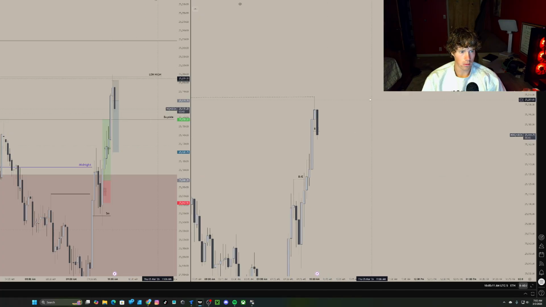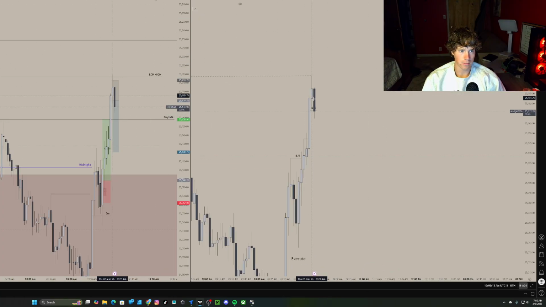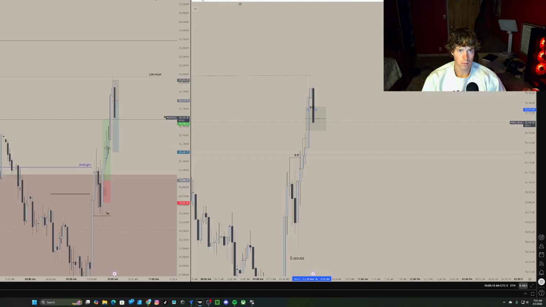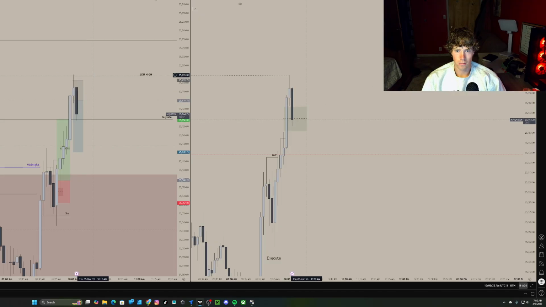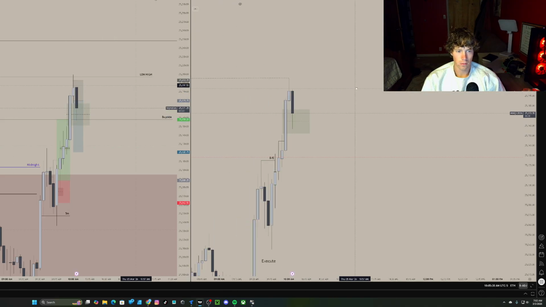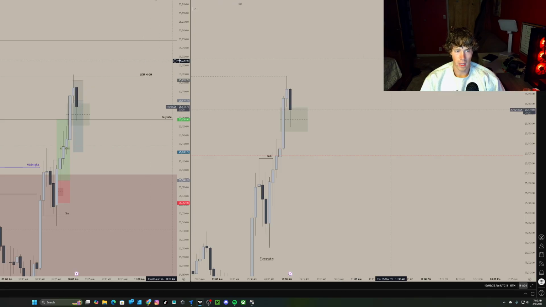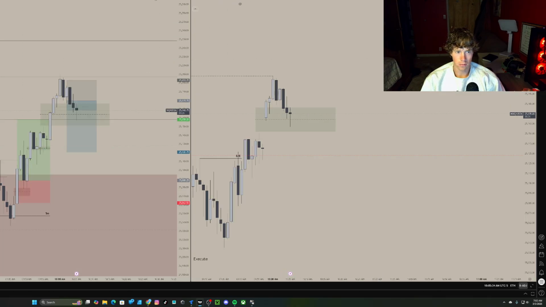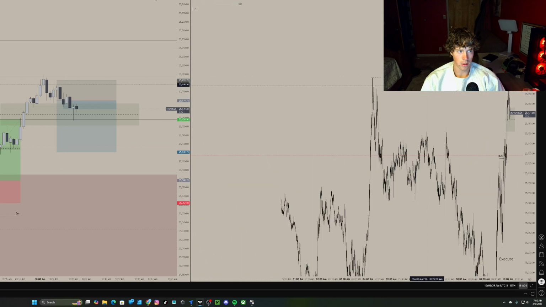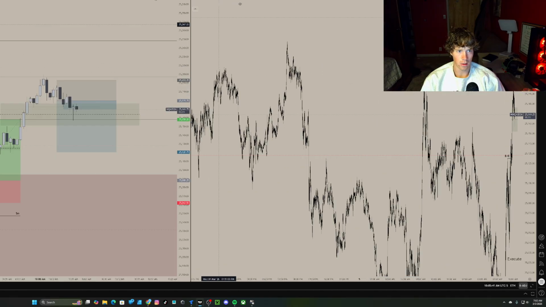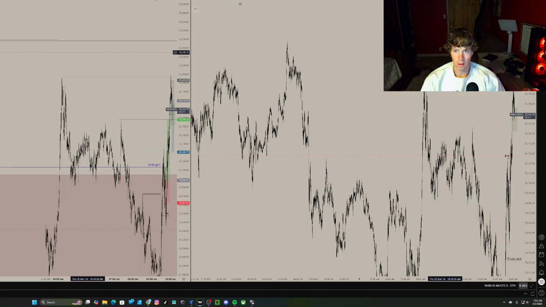This is the only other trade I would take here. It's either that or we're able to take a long off of it, target the LR we just made, and then the external high up here.